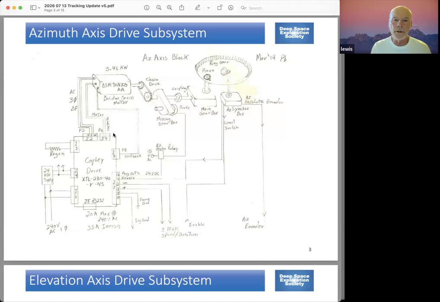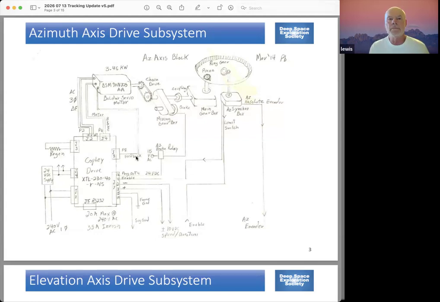It controls the current going there to control the motor torque, which in turn controls the rate of the motor. And then it has feedback from an internal resolver in the motor that allows it to sense what rate the motor is moving at, and it adjusts it so that it moves at the desired rate.